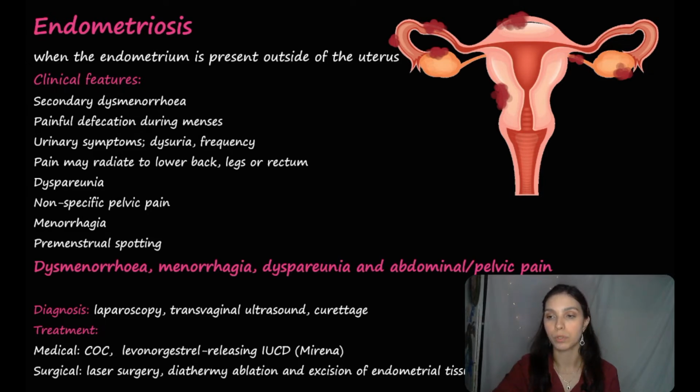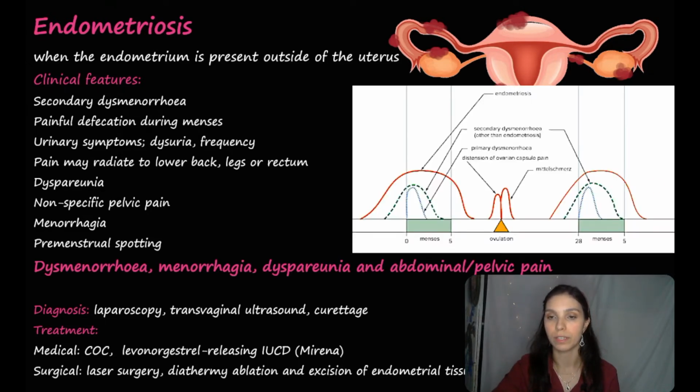Now I want to show you this graphic. Dysmenorrhea is pain during the period. You can see that the pain in endometriosis is quite different: it begins before menses and ends after menses. For other cases of secondary dysmenorrhea, the pain ends with the menses.